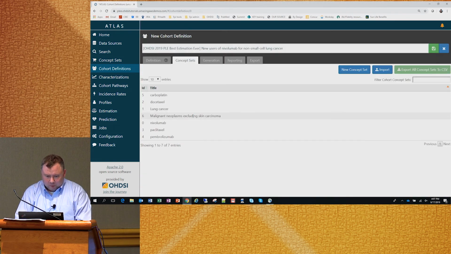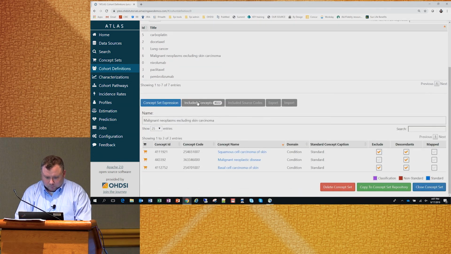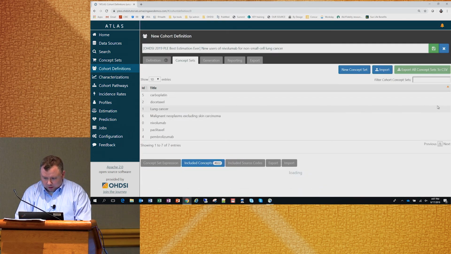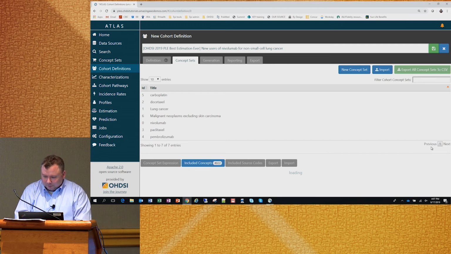So I'm going to make a quick modification to my malignant neoplasms: I'm going to find the lung cancer code that's in there, and exclude that from my list. So I'm going to exclude every possible cancer except for lung cancer. That way I will be allowing lung cancer to happen, but disallowing everything else.